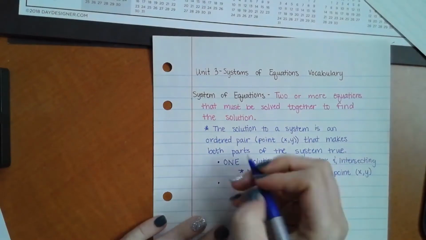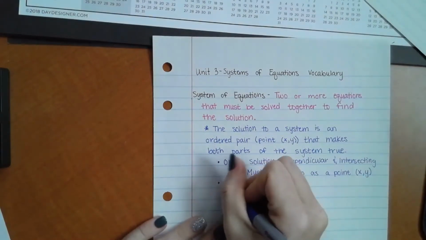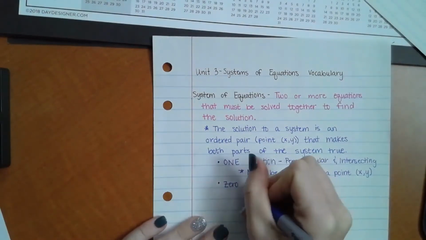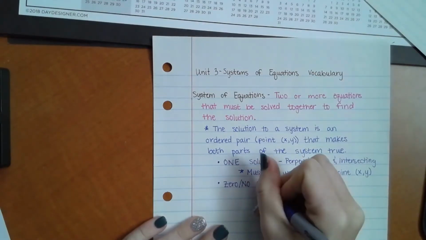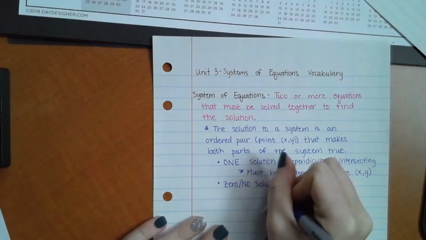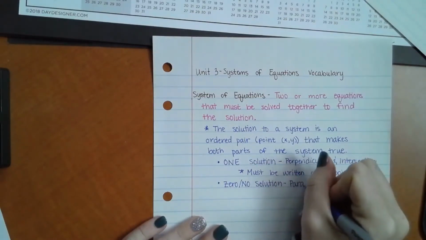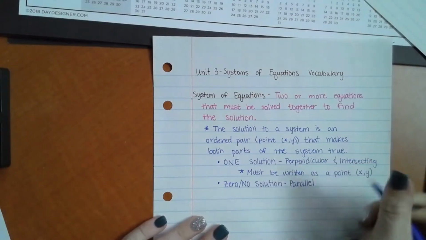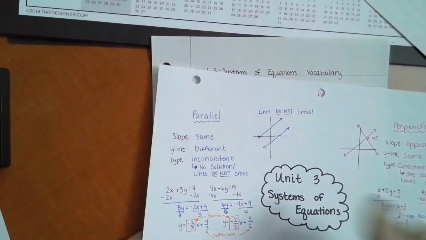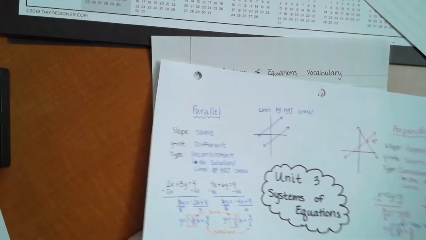So you could also have 0, or what's called no solution. And that's going to happen with parallel. And that's because your lines don't cross, so you're not going to have a solution.